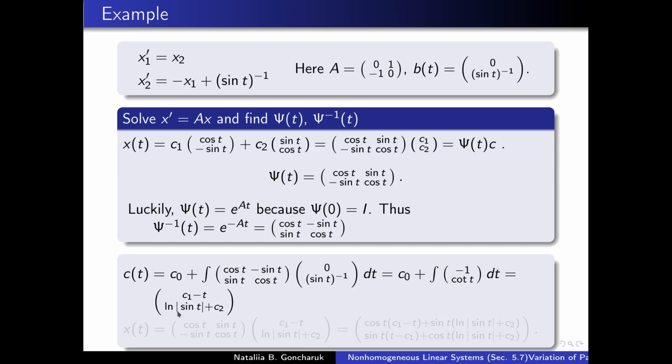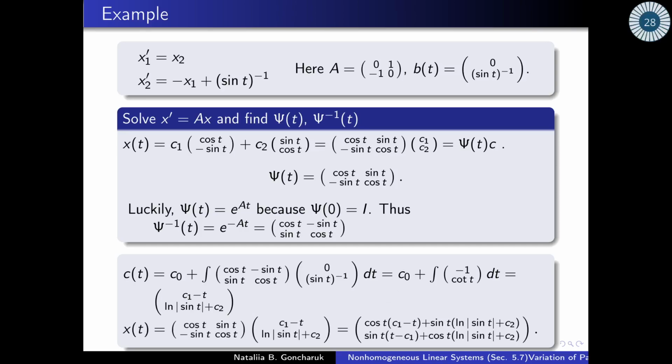This logarithm of modulus of sine is the integral of cotangent. And the vector c0 will have components c1 and c2. So c1, c2 is this vector c0 over here. And now x is psi by c. You should multiply your psi by this vector c, and whatever you get is your solution.